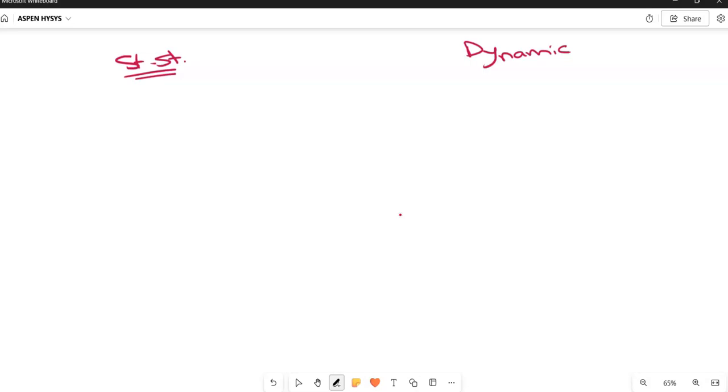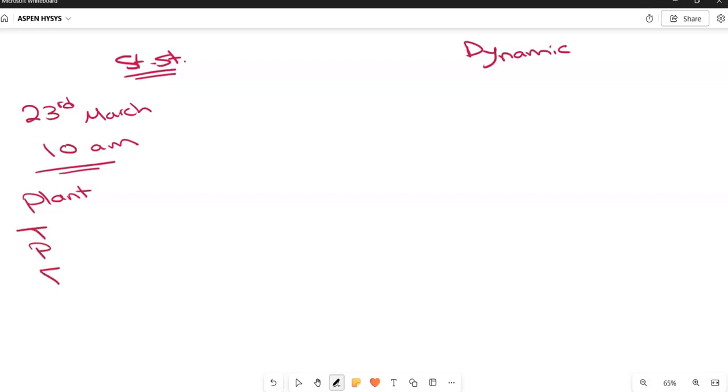Like we decided on maybe the 23rd of March, at maybe 10 a.m., to take all the data from our plant, like the temperature, the pressure, the flow of all the equipment and the material stream, and all this data will be added to the simulation in Aspen HYSYS. So this is one data point at a specific time.